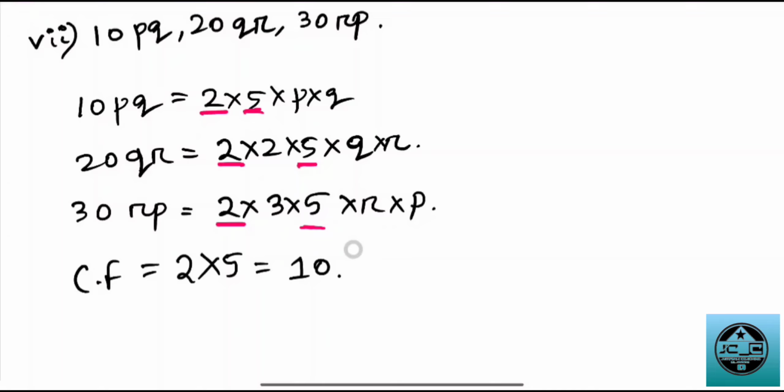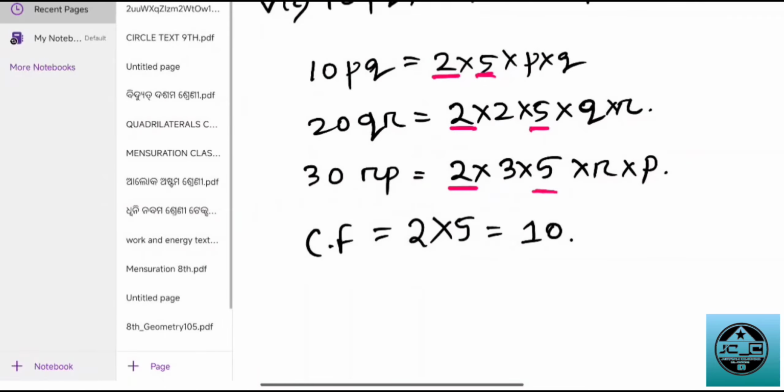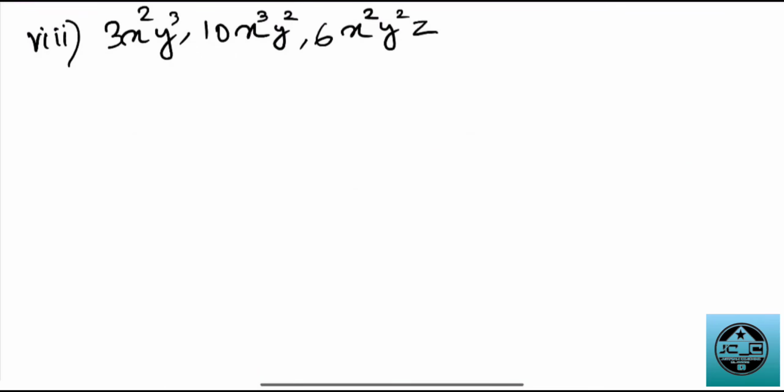Along with this, I think one more part is remaining from question number 1. We should be doing that. So here in this question we have also 3 terms. The first one is 3x square y cube, and if we do the factorization we should be doing like this: 3 into x into x into y into y into y.